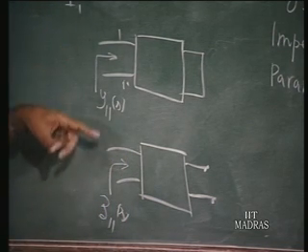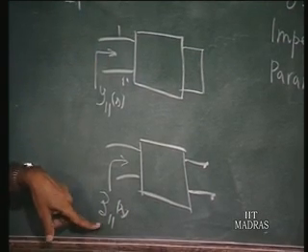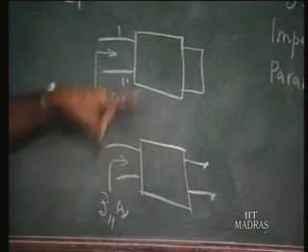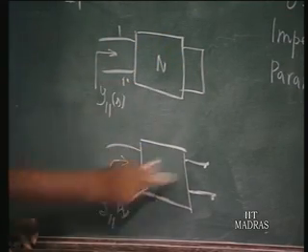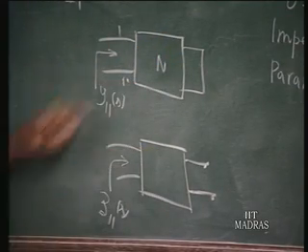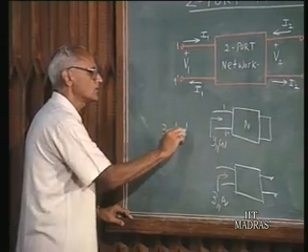So, the network in which this admittance is measured and the network in which this impedance is measured are different. Here the other terminals are short circuited, here the two terminals are kept open circuited. Because of this reason, Z11 is not necessarily equal to 1 over Y11.